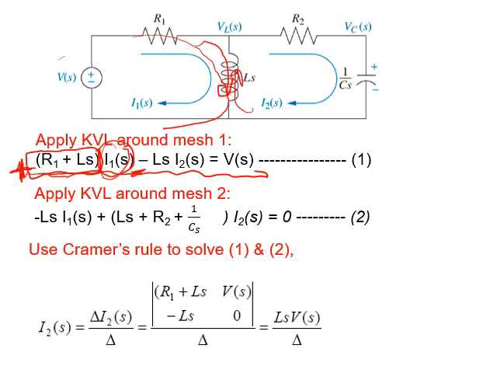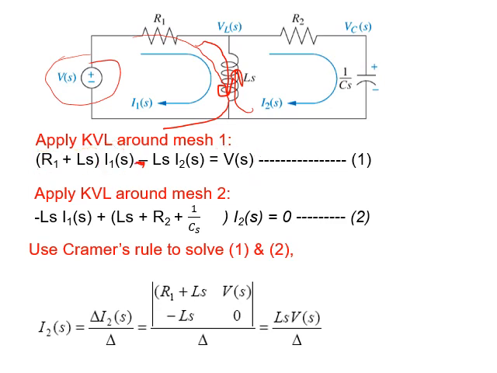So this kind of impedance we put as a minus LS into I2, the other I, equal to the total voltages in loop 1. Total voltages in loop 1 means only Vs. That's how we can develop the first equation.